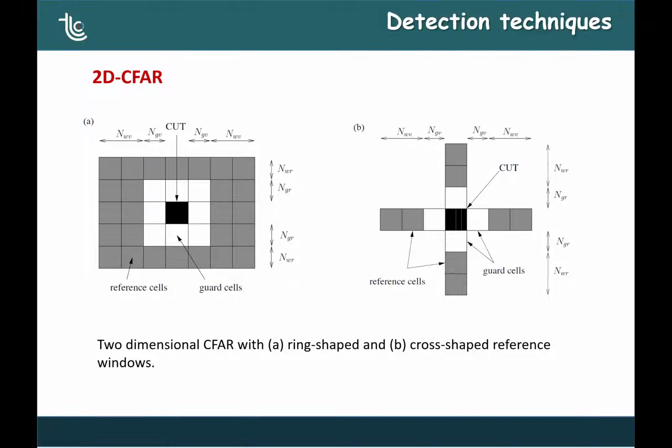So how can we implement this? Of course, this is a 2D joint CFAR detection, but as I said, it can actually be performed on one dimension, frequency bin per frequency bin.